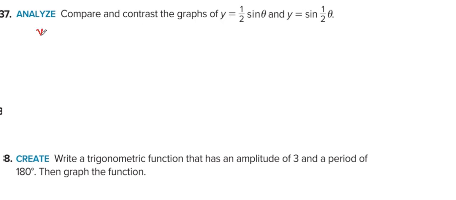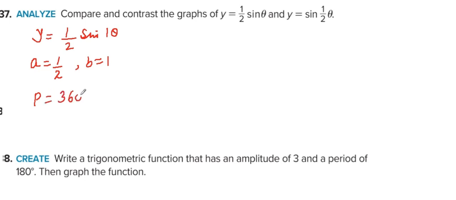Firstly, I'm discussing y is equal to half sine theta. B is 1, so amplitude is half. And what is the period? B is 1 because it is 1 theta. So period is 360 over b, which is 1, so the period is 360 degrees only.